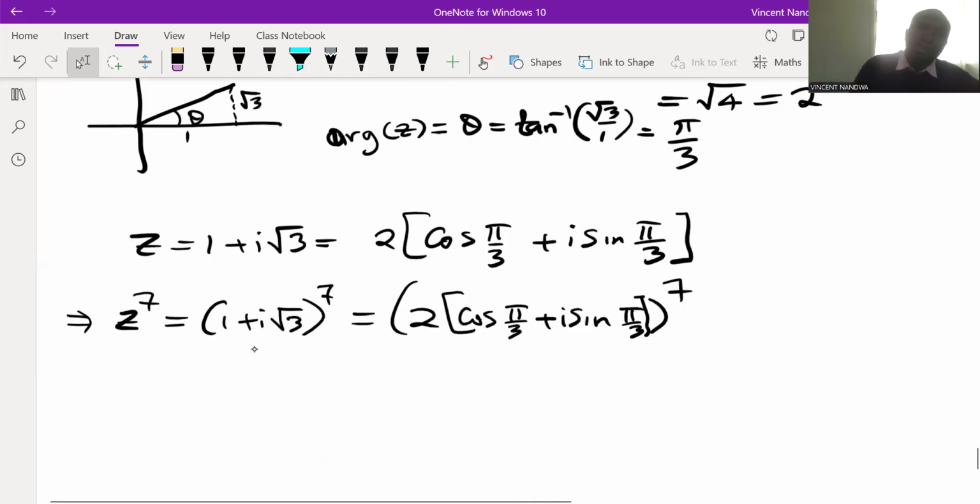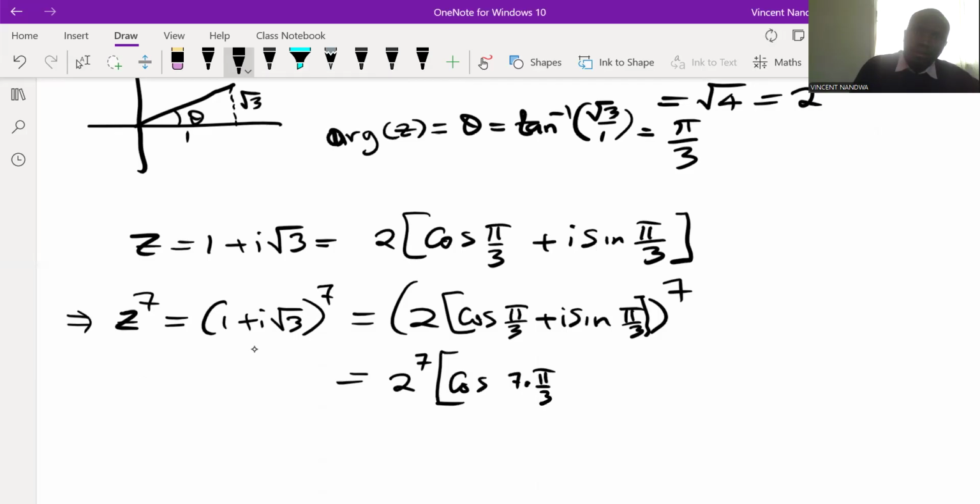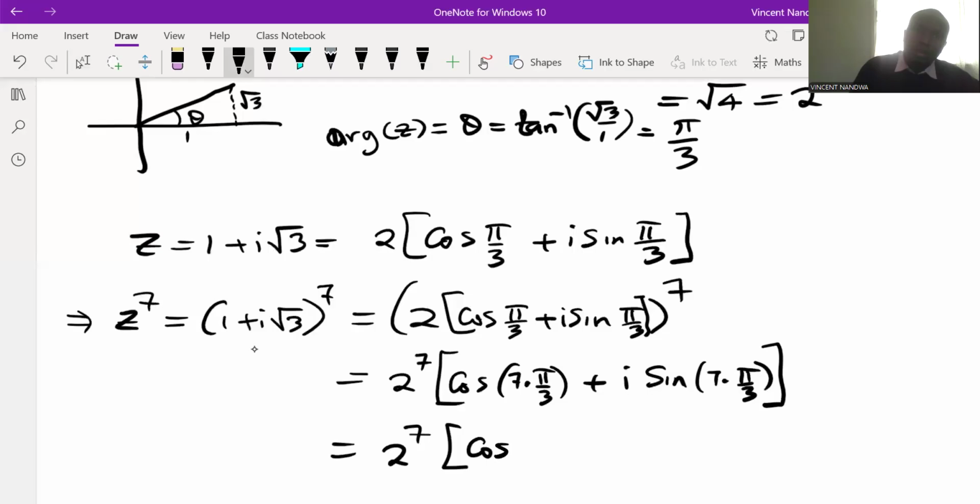So the Moivre's theorem gives 2 power 7 and then cos 7 times pi over 3 plus I sine 7 times pi over 3. So it will be 2 power 7 into cosine of 7 pi over 3 plus I sine 7 pi over 3.